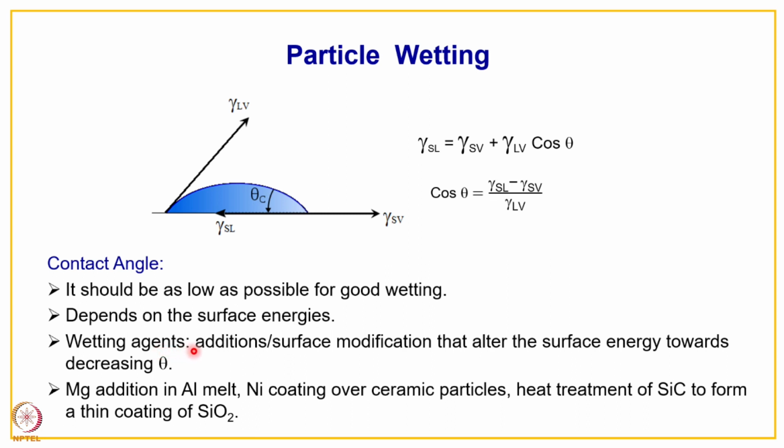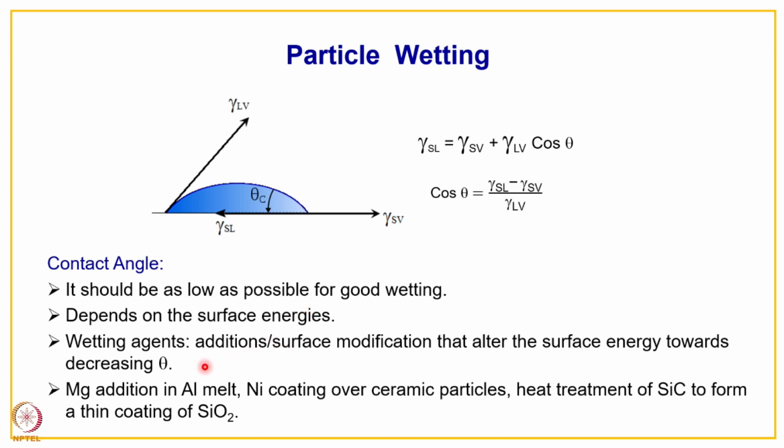So these are basically elements or compounds which can be added to the molten metal for modifying the surface so that the surface energy can be altered towards decreasing theta. Magnesium addition, for example, in aluminium can do this job. It can modify the surface energies in a way which will decrease theta.